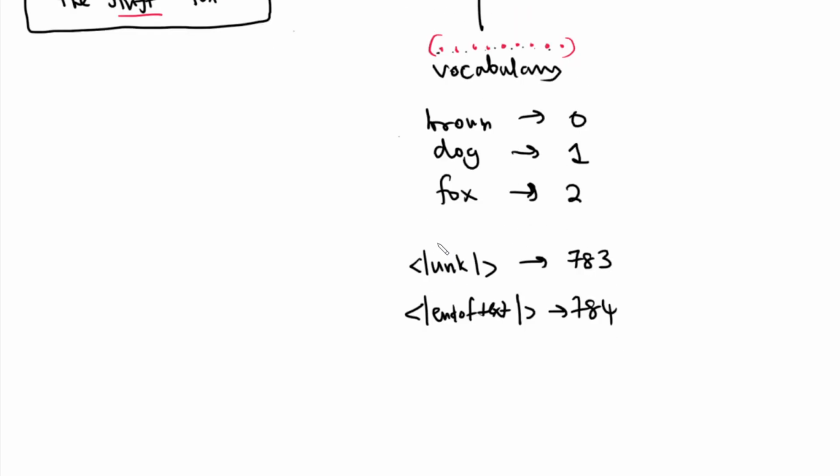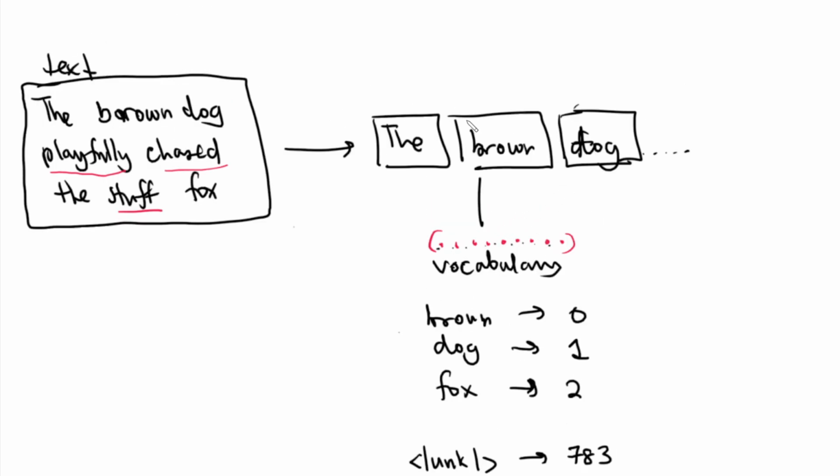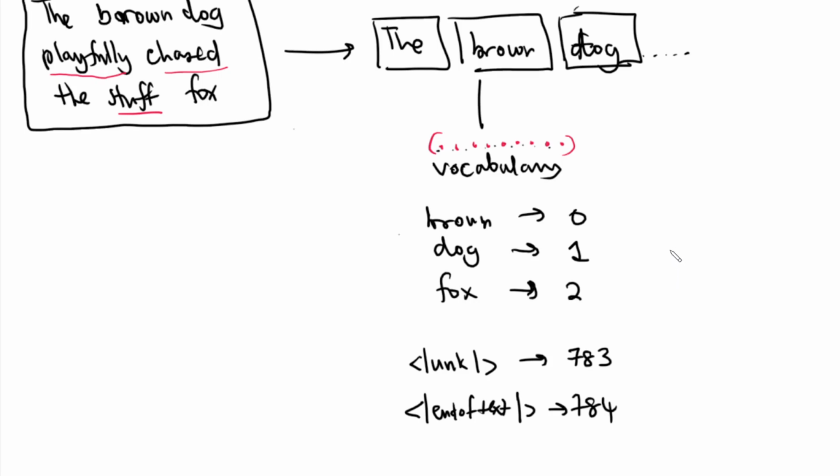So what then ends up happening is, when we have this vocabulary and after tokenizing, to get the token IDs, we do the lookup. We might now end up having token IDs that say 7 for the, 1 for brown, and then dog, we have a token ID of 1.